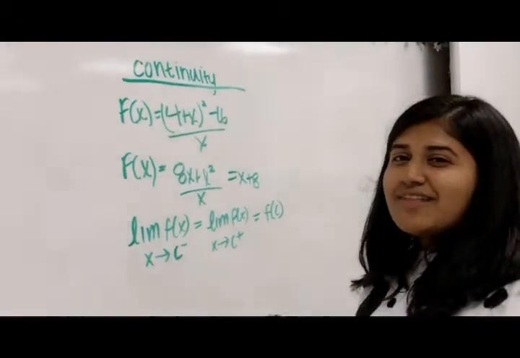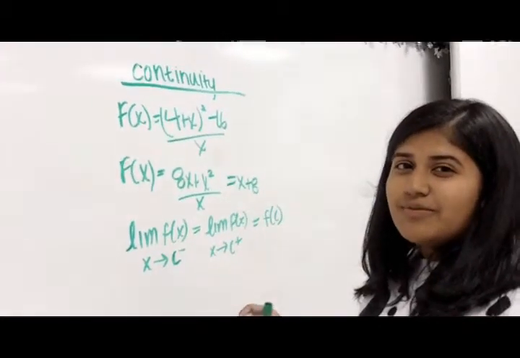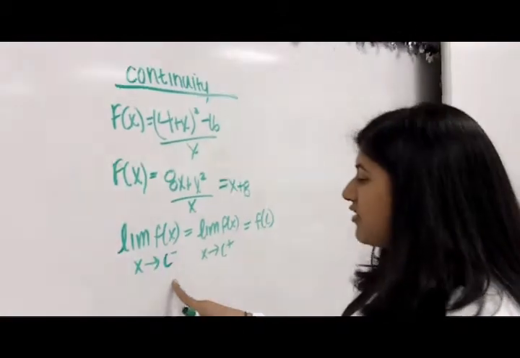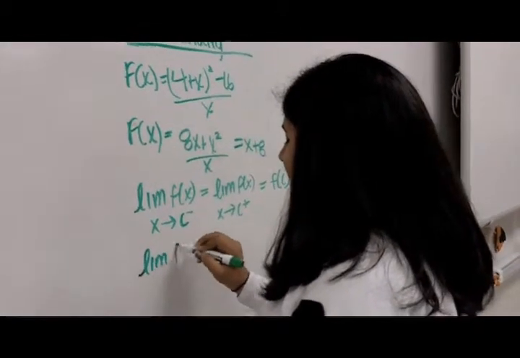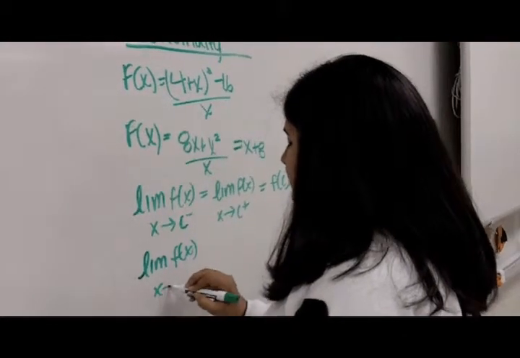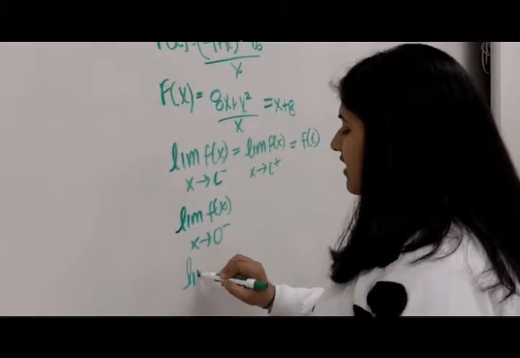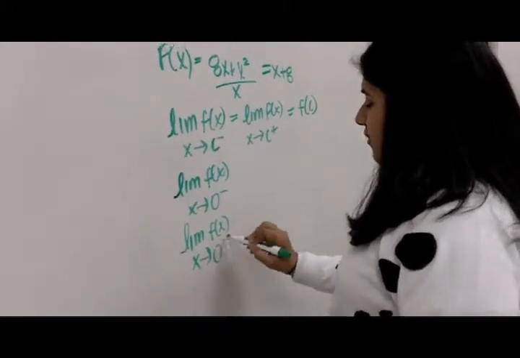Hey Farmer Lauren, let's see if the function is continuous at x equals 0. We're going to plug 0 in for c. So it's the limit of f of x as x approaches 0 from the left, and then the limit of f of x as x approaches 0 from the right.